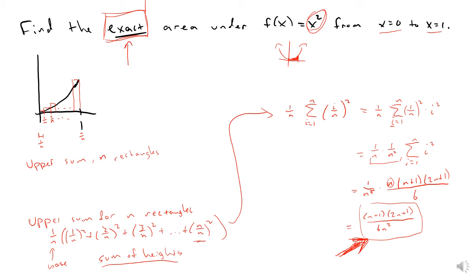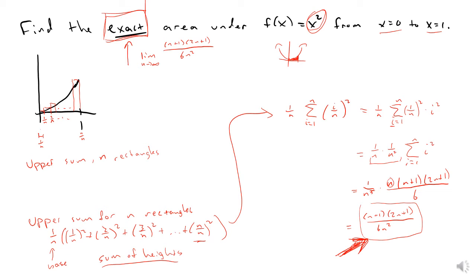So for my exact area, if I do the limit as n goes to infinity of my upper sum for n rectangles, I'm going to get my exact area. This is a limit we know how to do.